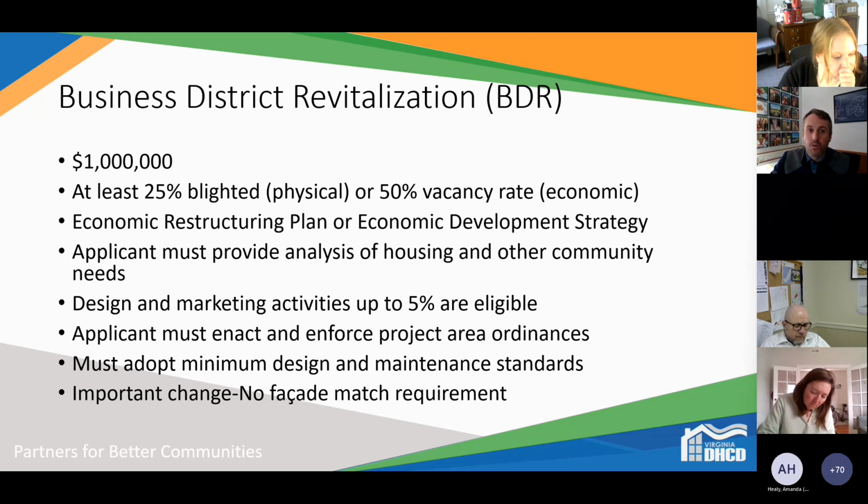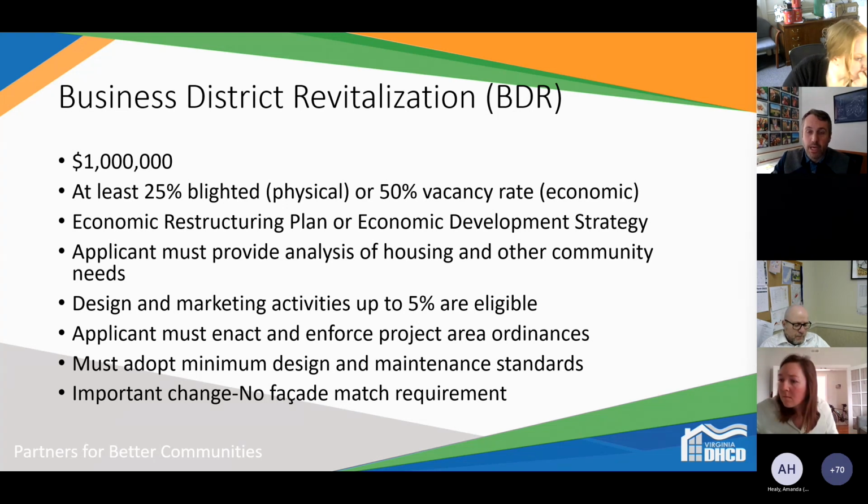So the standards we have in place are at least 25% blighted, which means you have buildings that are crumbling. You have chipping paint, the classic blighted type avenue. The CDBG program does not have a direct description of blight.